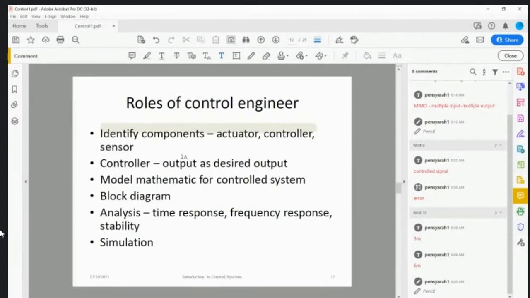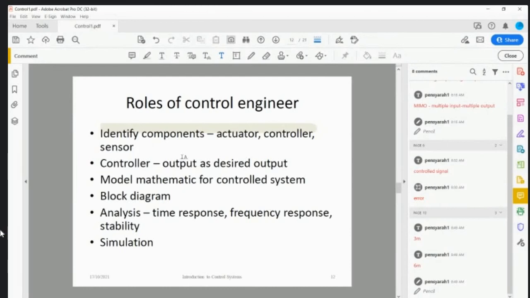And then be able to come out with a mathematical model for your closed loop system, so that we can simulate the behavior instead of developing a prototype of the tank system in order to control it. Why not just come out with a mathematical model, then simulate the behavior in software.